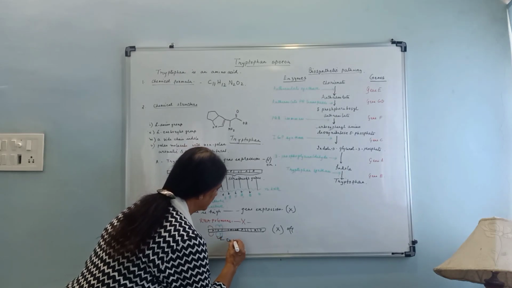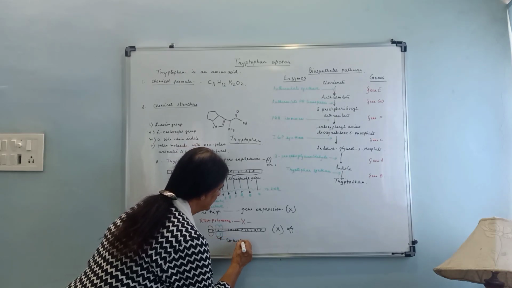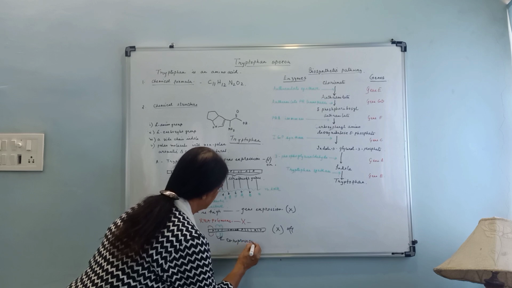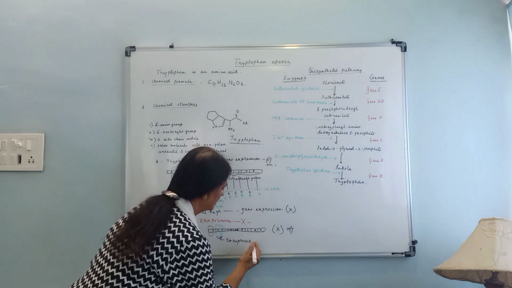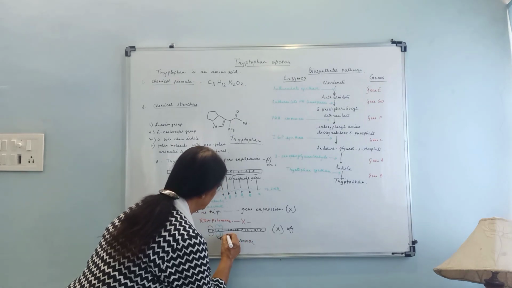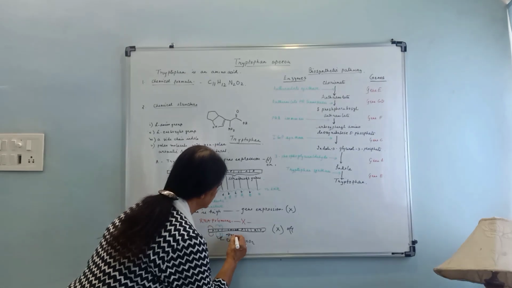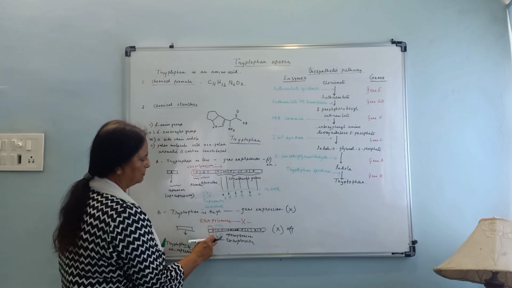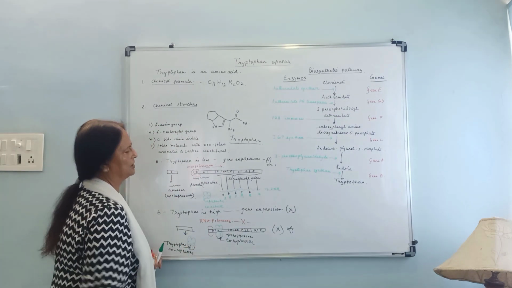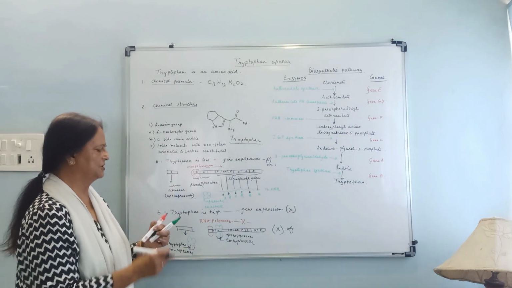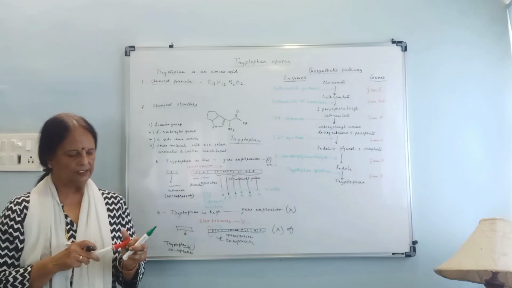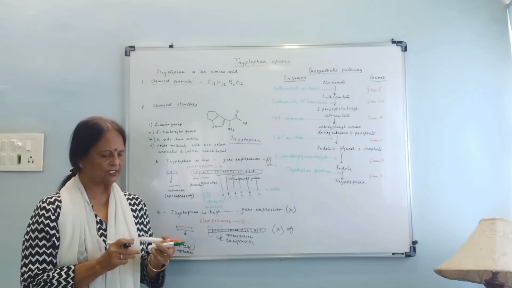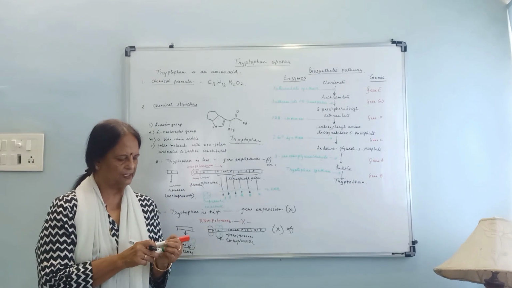This is a co-repressor along with the aporepressor. The co-repressor along with the aporepressor now completely blocks gene expression, and no more synthesis of the tryptophan takes place.